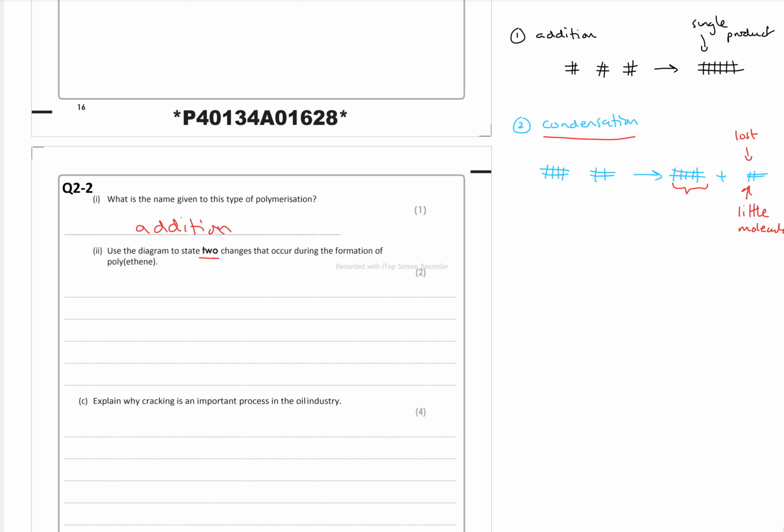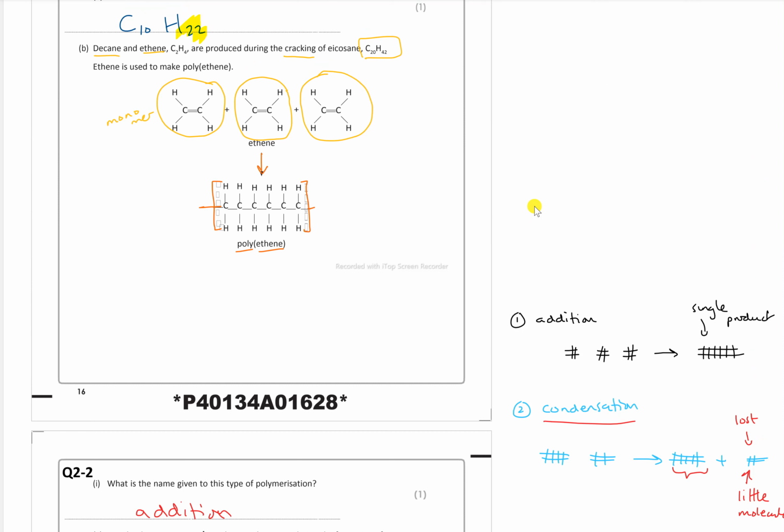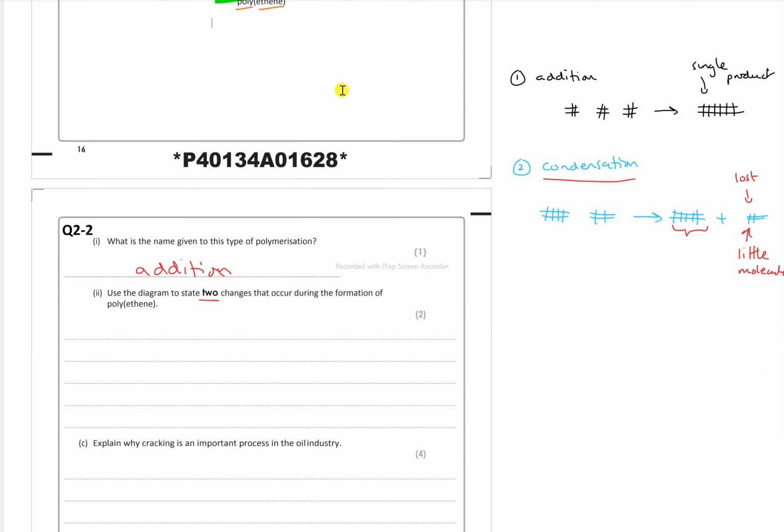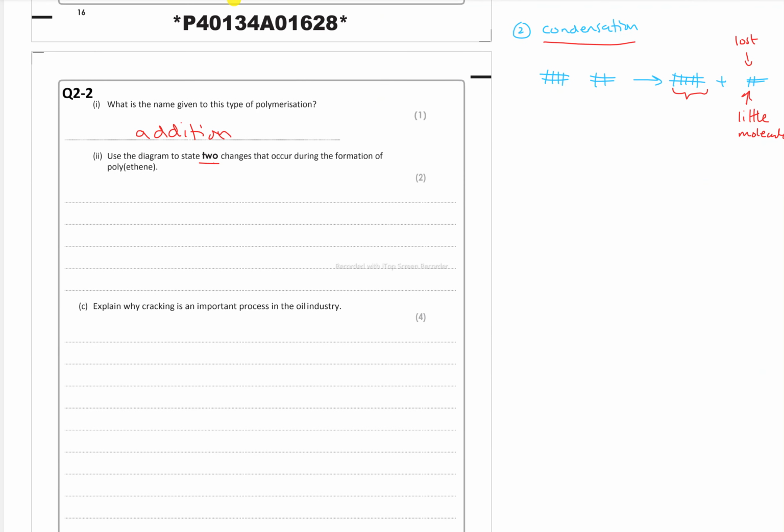Use the diagram to state two changes. If you notice here, these double bonds break and you get short chain monomers and you end up with a long chain polymer. So you can say the double bond breaks on the monomers.